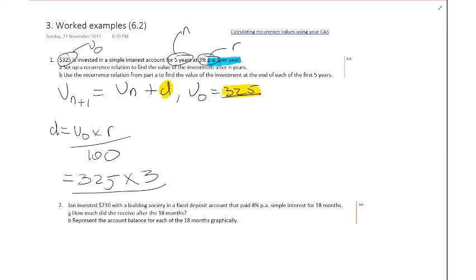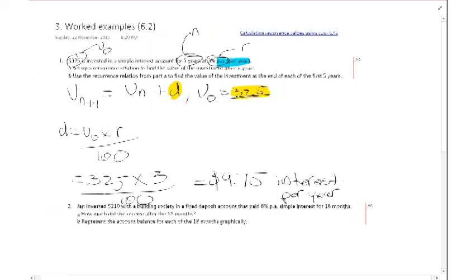Divided by 100 here, and that'll give a value of 9.75. All right, that's per year. That's my interest per year.